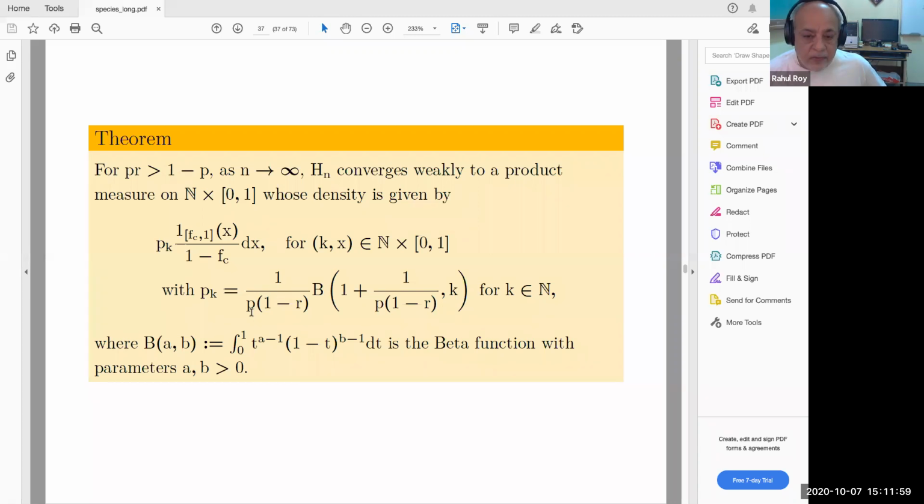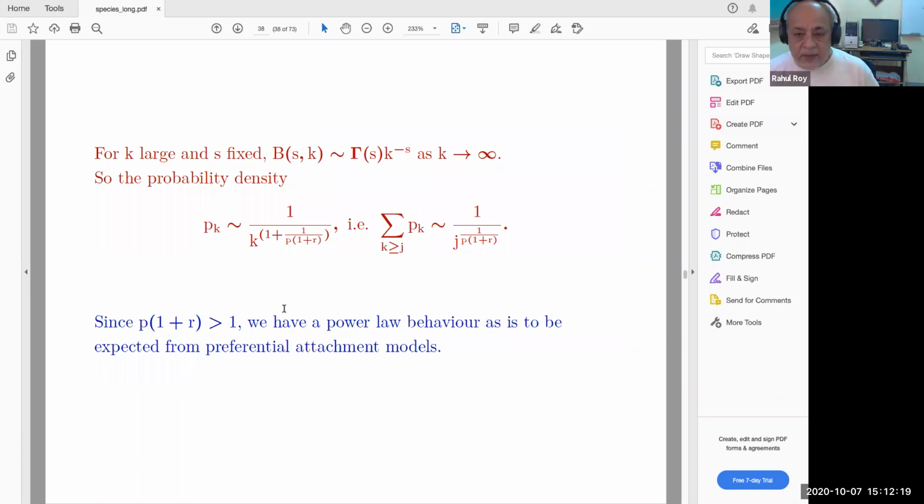Let me explain. It's 1 over p times 1 minus r, times a beta function with a parameter, let's say f, which is exactly this quantity, and k. And well, this is the beta function, which people here may not know about. And what does this say? I don't know whether Parthanil is here or not, but he would be happy.